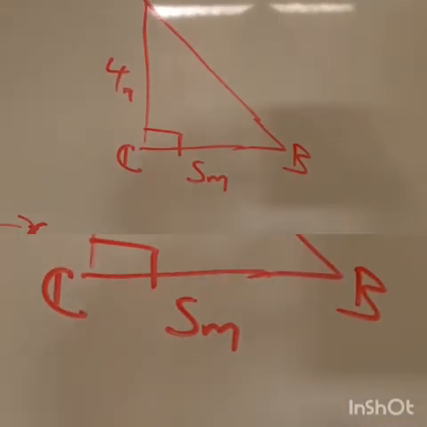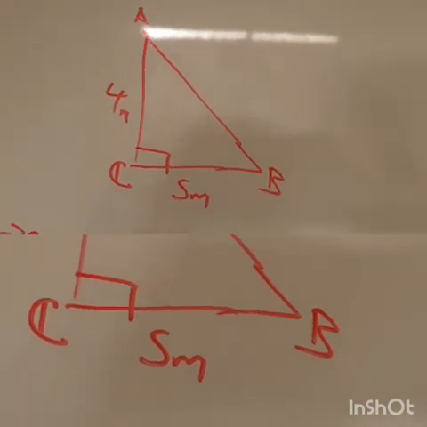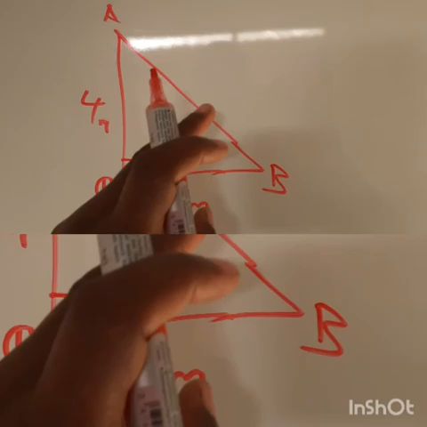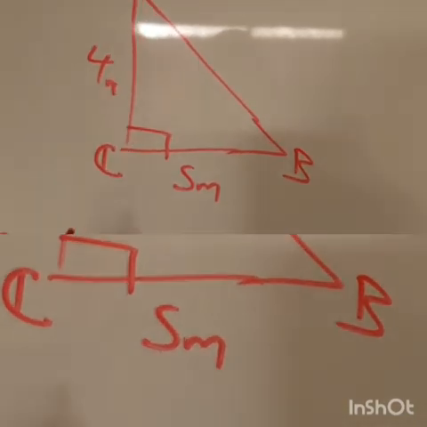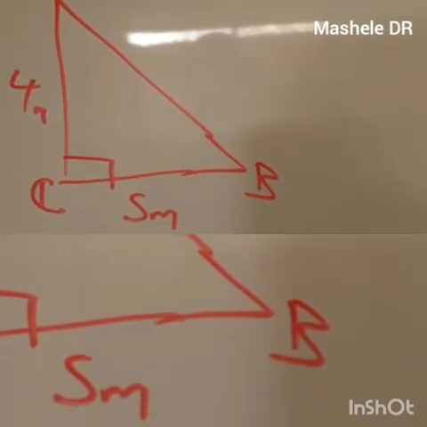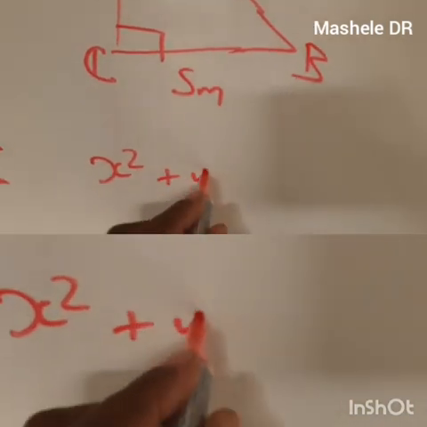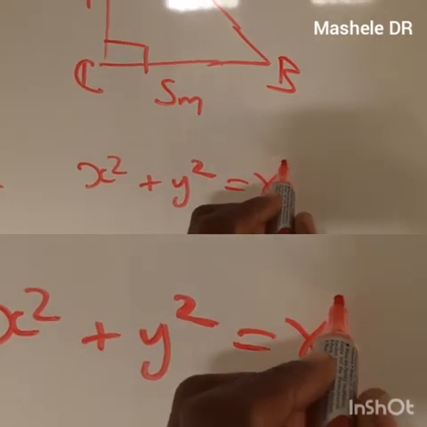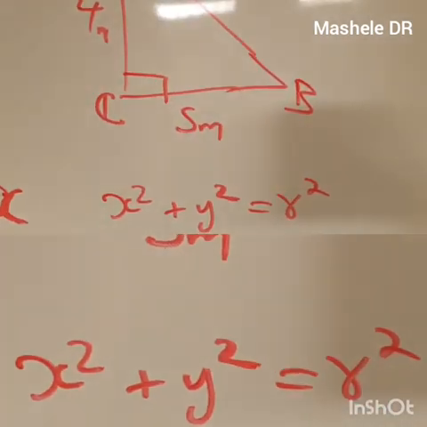Now our Pythagoras theorem, as I've explained, says the sum of the squares of these two sides must equal the square of this side. So I would have x squared plus y squared equals the square of this side.